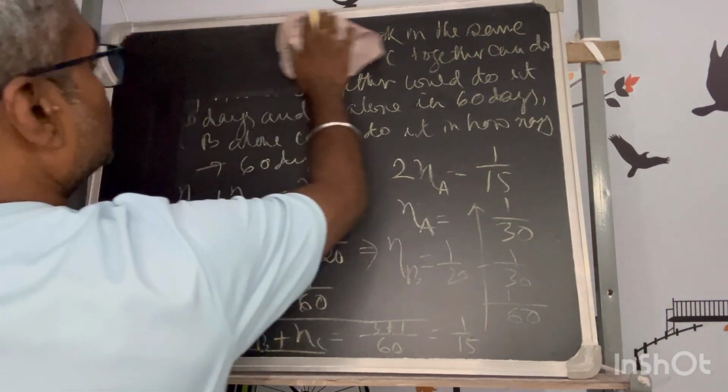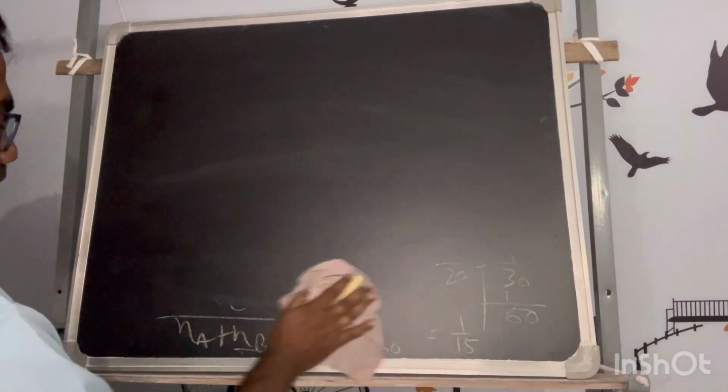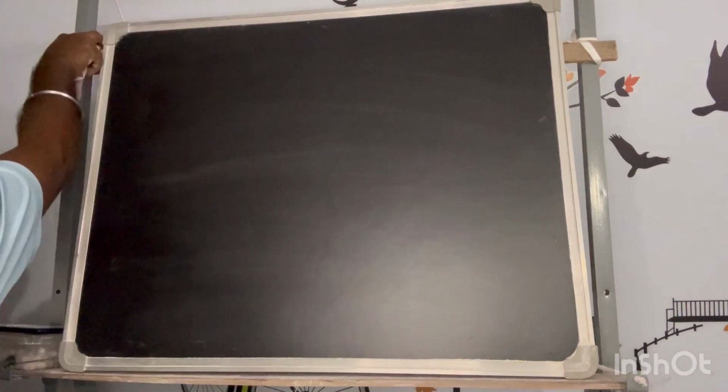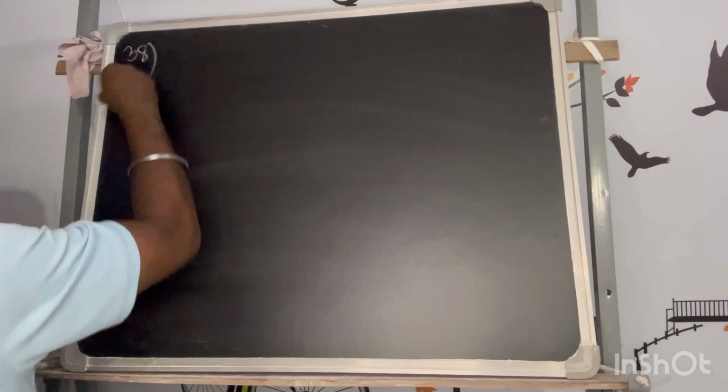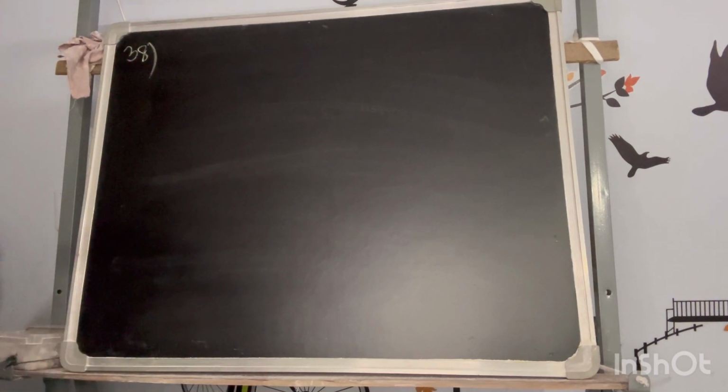So we move on to problem number 38. A can finish a job in 18 days, B can do the same job in half of his time.